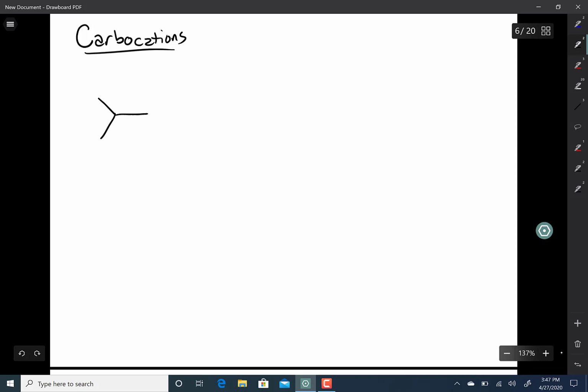So we actually had some of these sigmatropic rearrangements in Chem 343. An example there is a carbocation rearrangement.